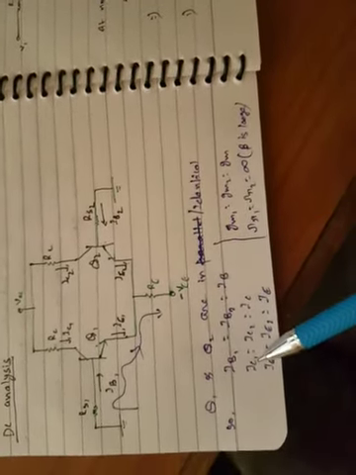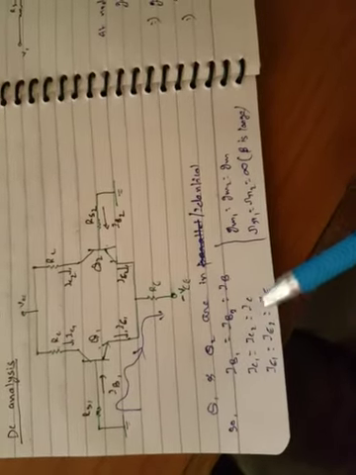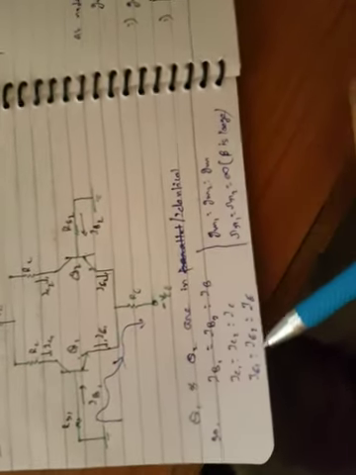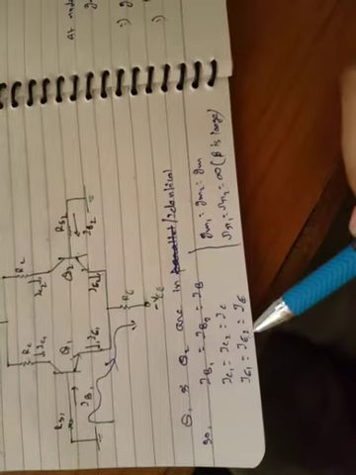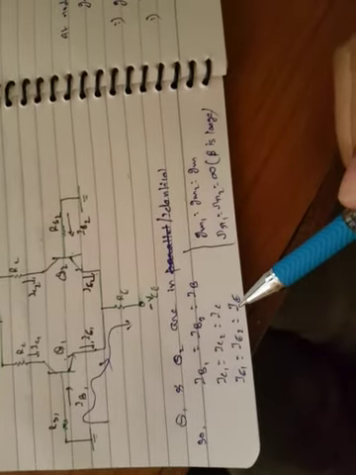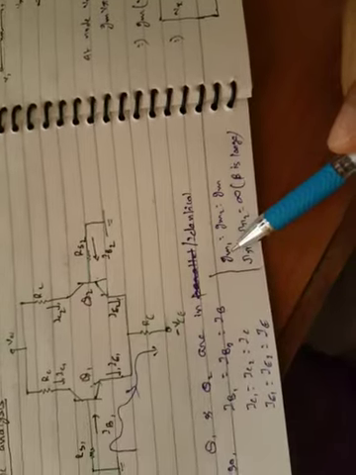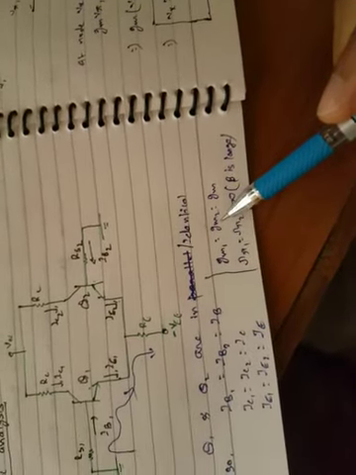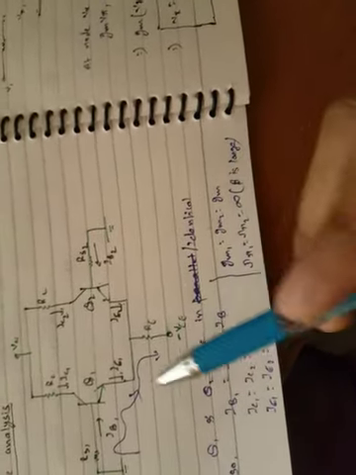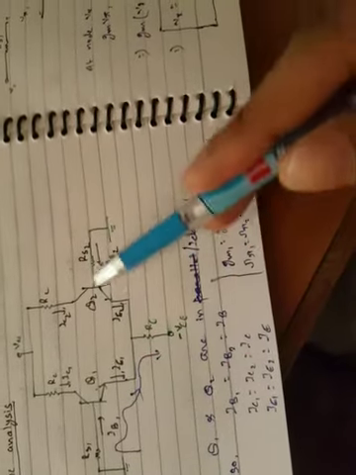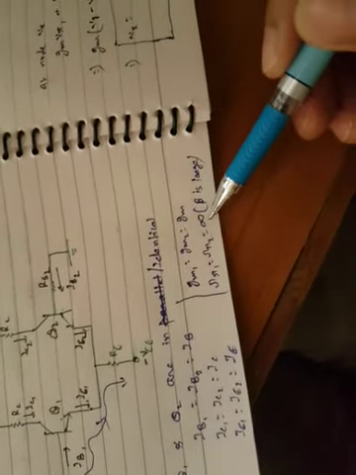Similarly IC1 equals IC2, which we call IC, and IE1 equals IE2, which is IE. Again gm1 equals gm2 equals gm, and here r pi 1 and r pi 2 equal infinity.